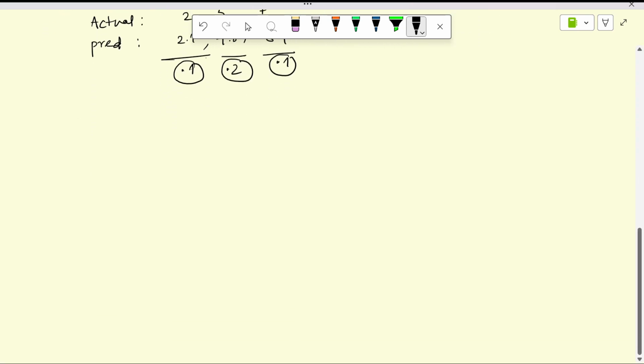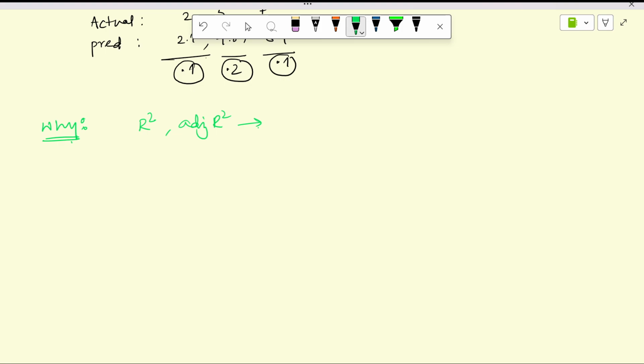So now, why do we use the cost function? In my previous video, I discussed the R2 score, R square score, or adjusted R square score.